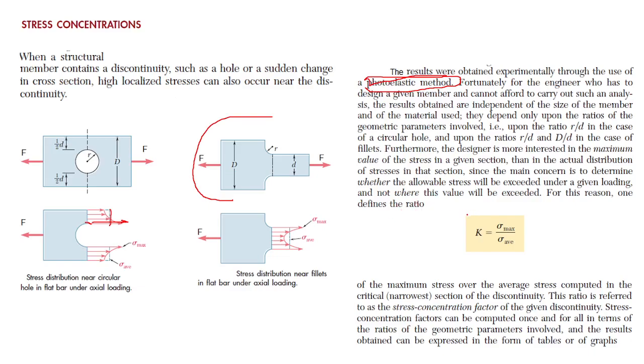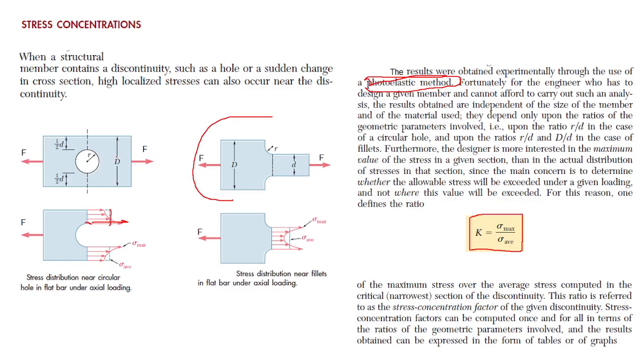Here at this point we define the stress concentration factor. K is the commonly used letter for the stress concentration factor. It is defined as the maximum stress within the structural element, which occurs in the vicinity of an abrupt change or an empty space, divided by the average stress value.